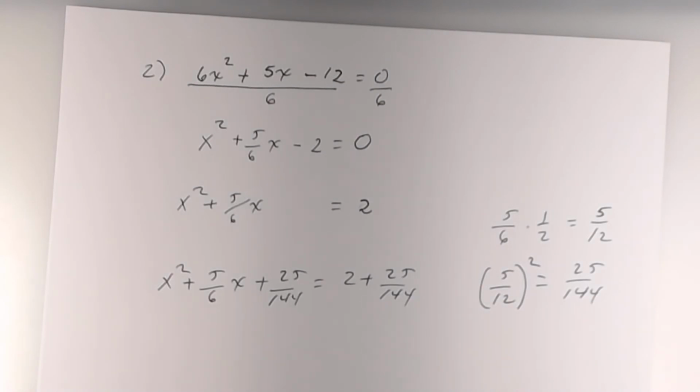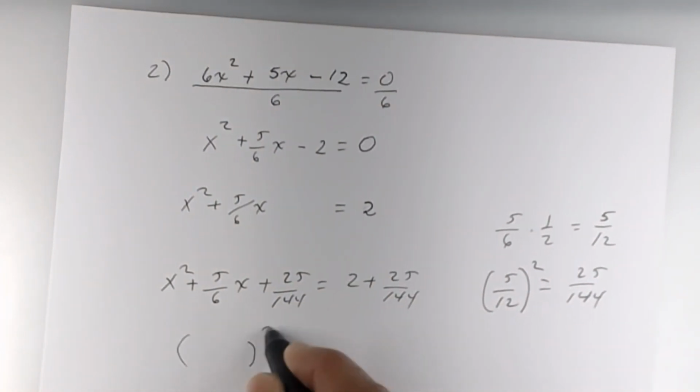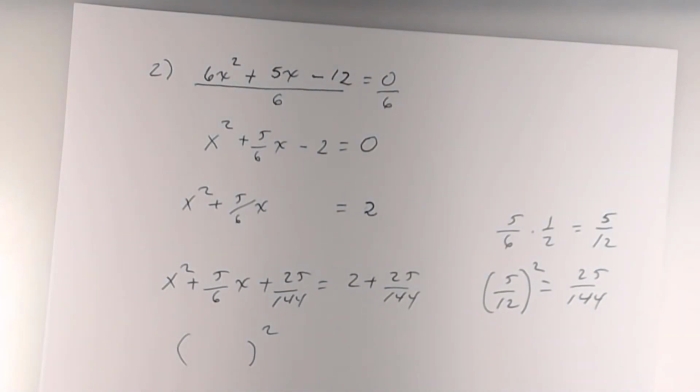If I'm doing this correctly, if my steps are correct, the left trinomial should be what kind of trinomial? What's the word? Perfect square trinomial. Meaning that when I factor it, it's a binomial squared. Now some of you have a habit of just putting something in there and not checking it. What binomial do you think goes inside that parentheses?